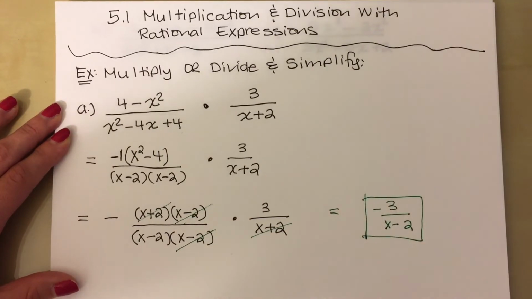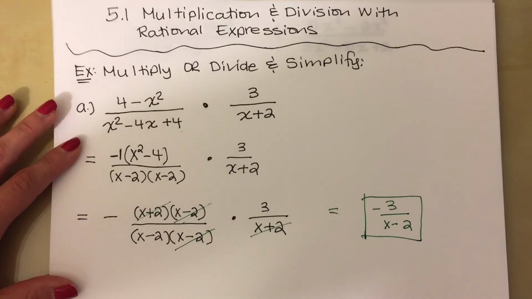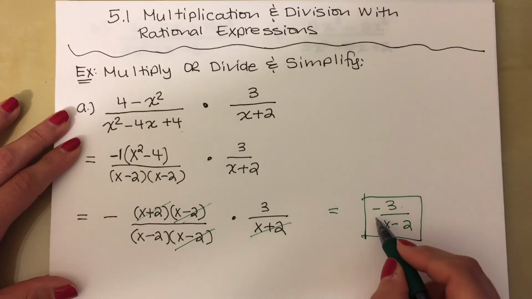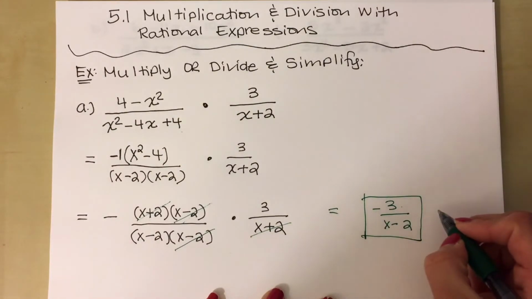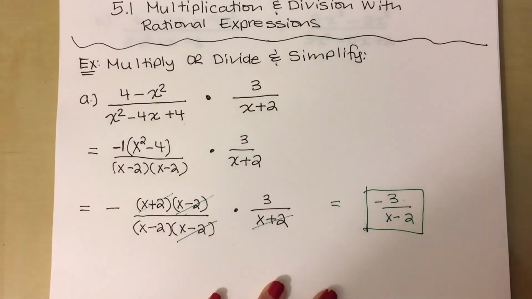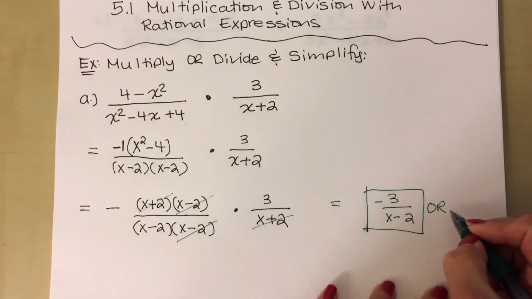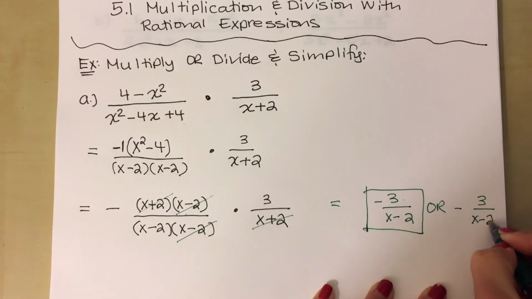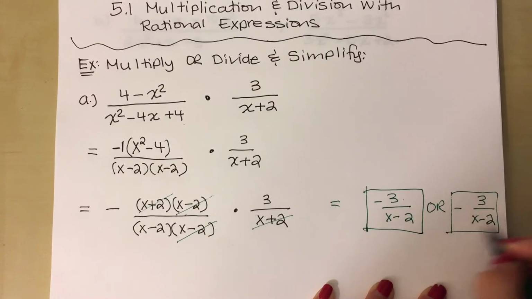So we can write our answer a few ways. Remember, when you have a fraction, the negative sign can go in the numerator. The negative sign can go in the middle of the fraction, so I'm going to also include or. We can write negative and then 3 over x minus 2. That's also acceptable.